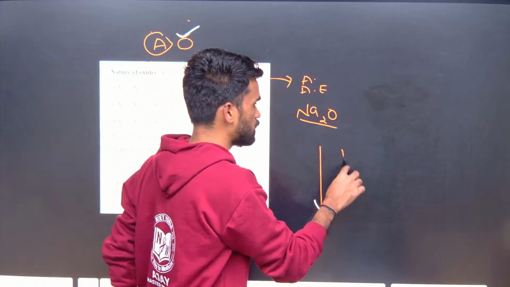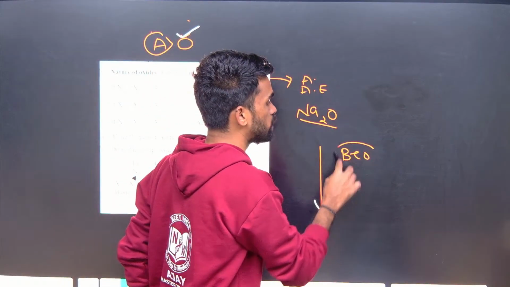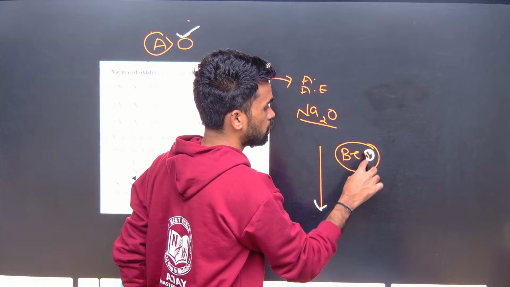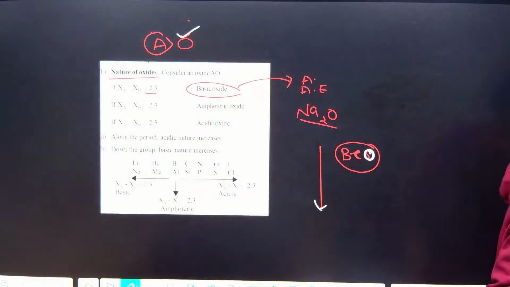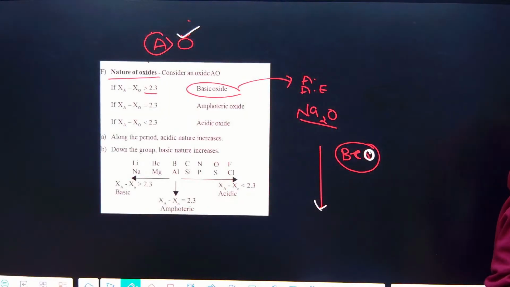Beryllium oxide is amphoteric, remember this.